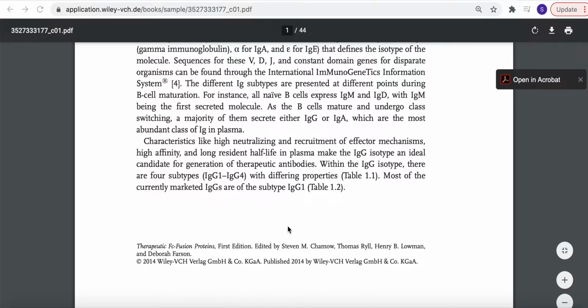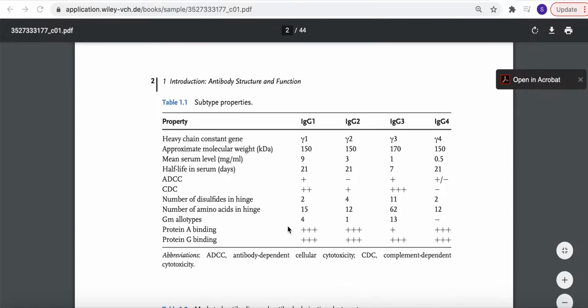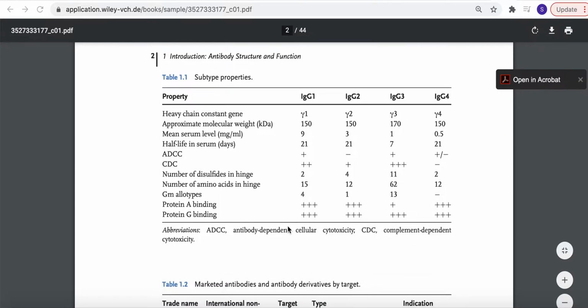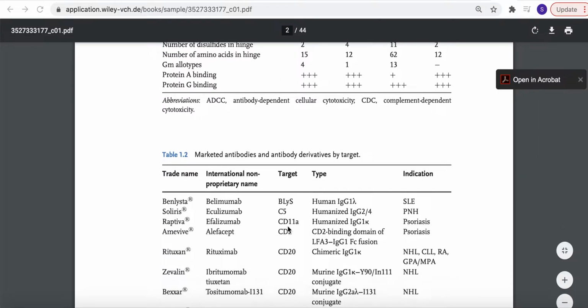Most of the current marketed IgGs are the subtype IgG1. Heavy chain constant gene, approximate molecular weight in kDa, mean serum level, half-life in serum, ADCC, CDC, number of disulfides in hinge, etc.